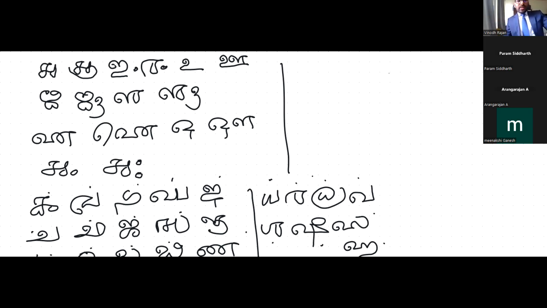Then it's fine. Then you have the a, right? Gay. This would be gay, right? As you have noticed, this is long in Tamil, but this is long in Grantha, but short in Tamil, right?